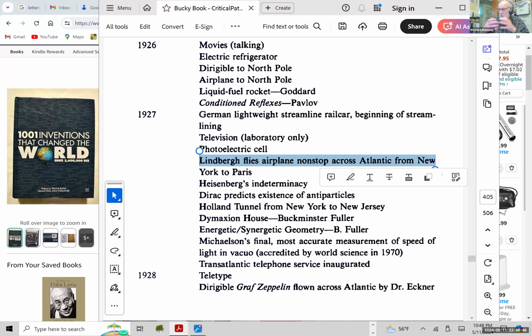And it's interesting to put it up against inventions, and of course he's not going to put it in there. But he was fired. His second daughter was just born.